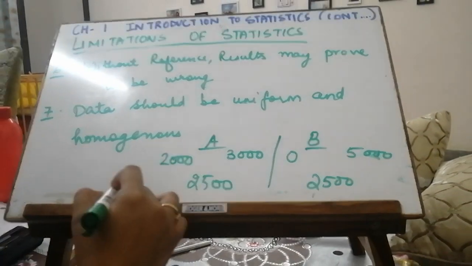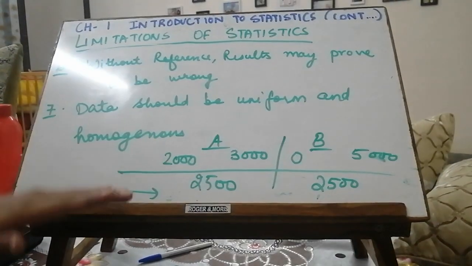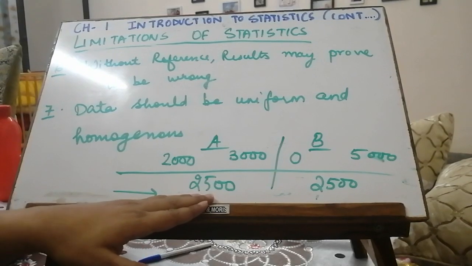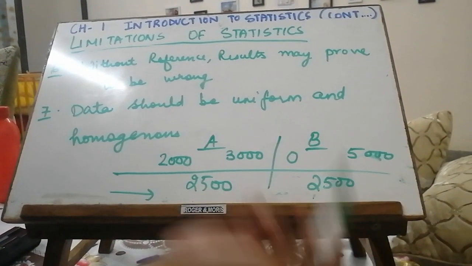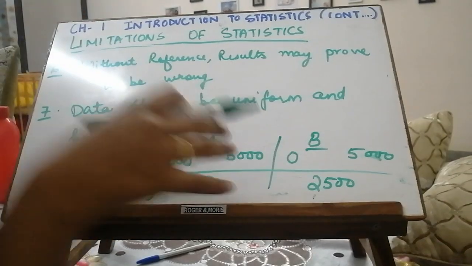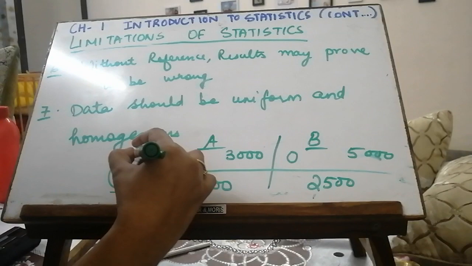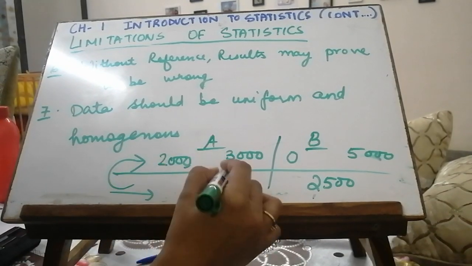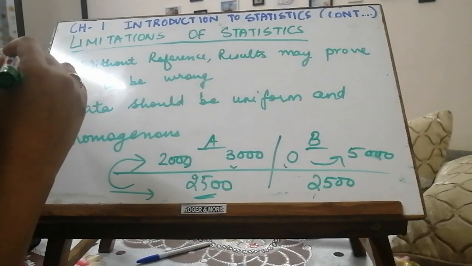Let's say I am just giving you the results and not the above information. I am telling you that the average of both A and B is the same, so they are performing the same. This is the result, and it is wrong because I have not told you that A has been consistent and B has had a huge jump from 0 to 5,000.